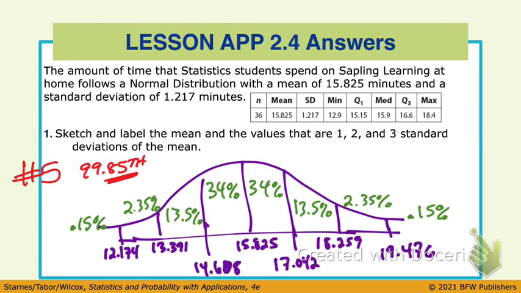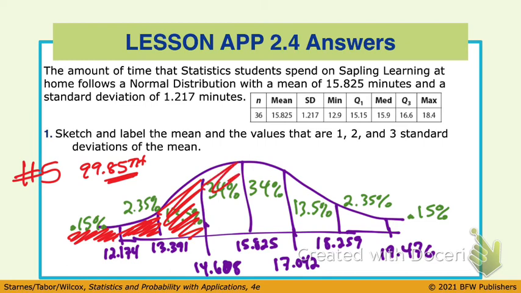If I start on the far left, I'm at 0.15. Now I'm at 2.5. This would be the 2.5 percentile because there's 2.5% below it. If I keep going, this mark, 1 standard deviation below average, that's the 16th percentile because there's 16% below it.